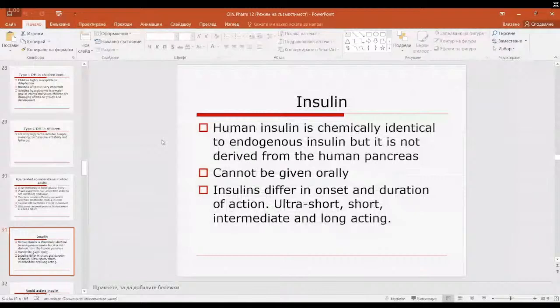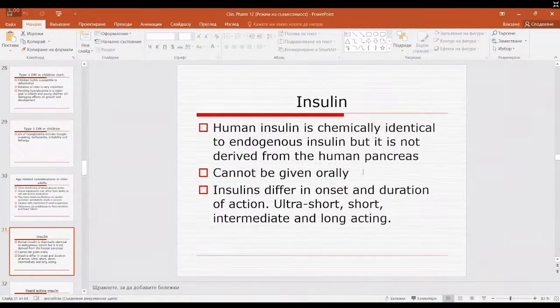Human insulin is actually chemically identical to the endogenous insulin. That's why it's called human insulin, but it is not derived from human pancreas. It is just a genetically made peptide that is administered subcutaneously, but also intravenously.